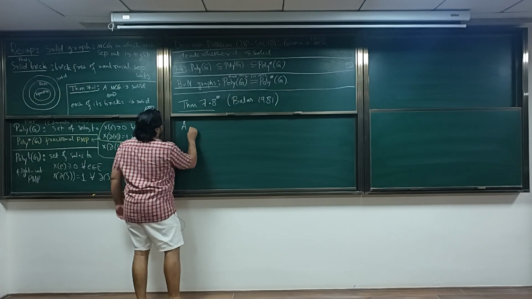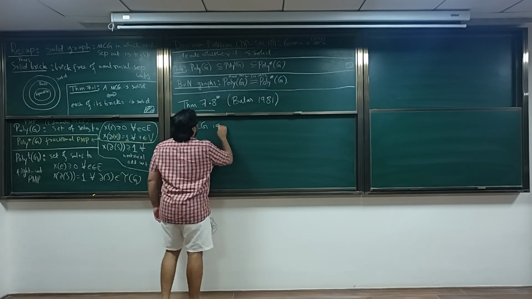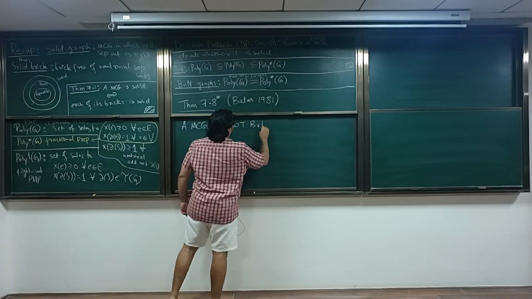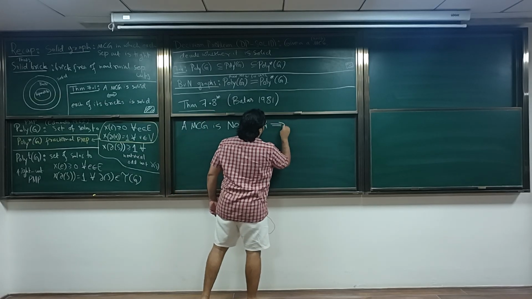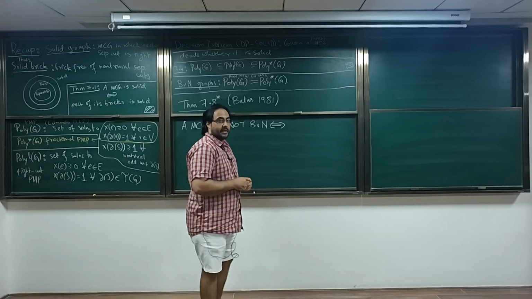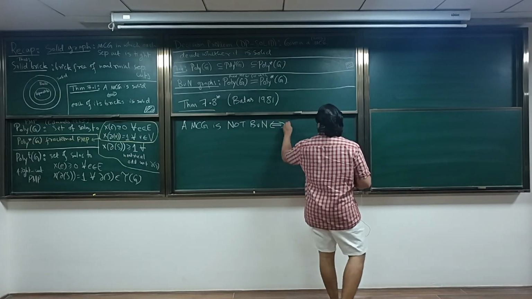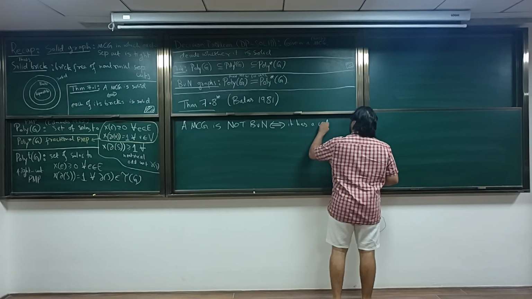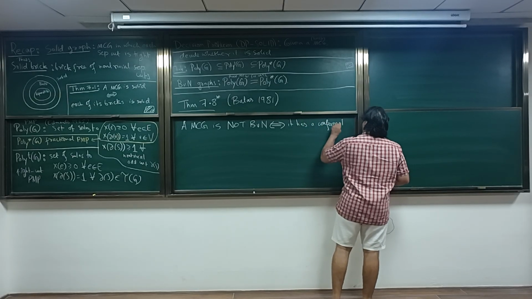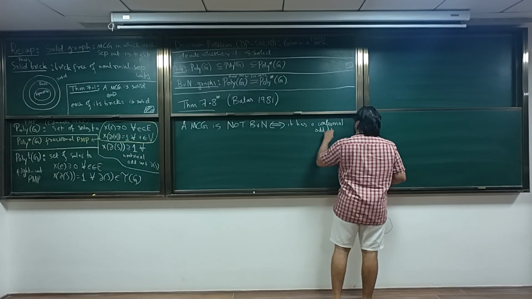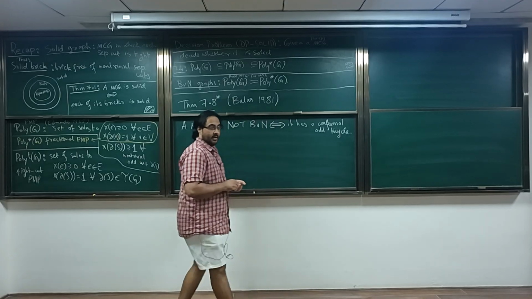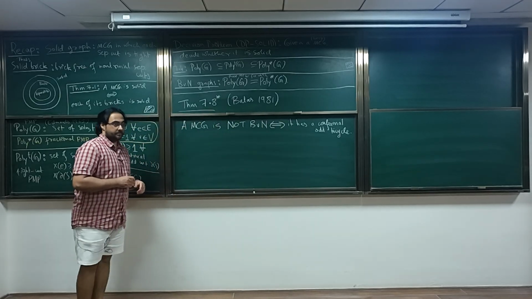It says that a matching covered graph is not Birkhoff von Neumann if and only if it has a conformal odd bicycle. This is what we were trying to prove last time and we did not yet finish it. Okay?